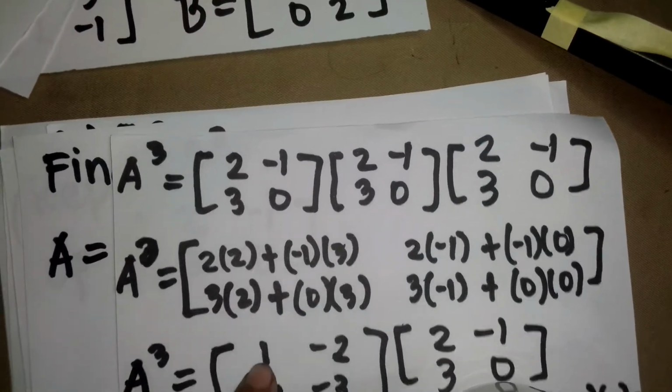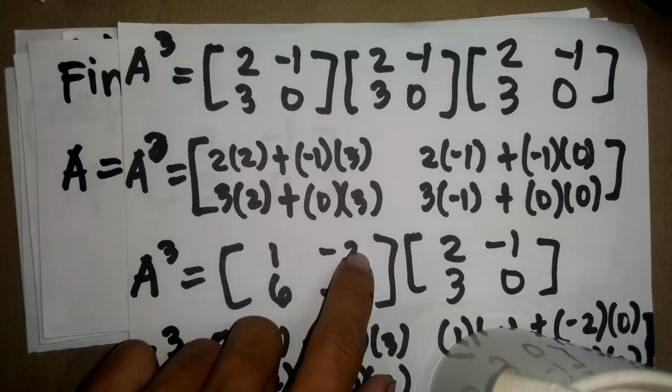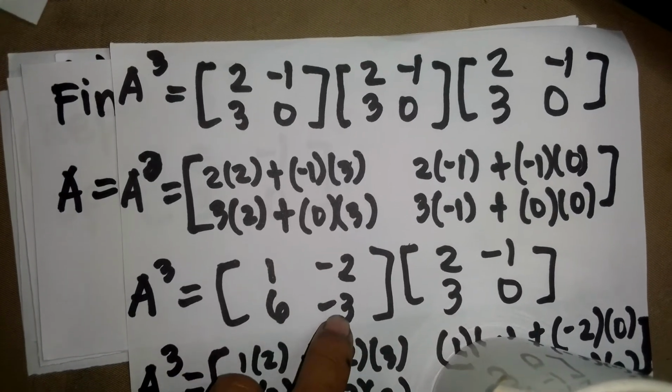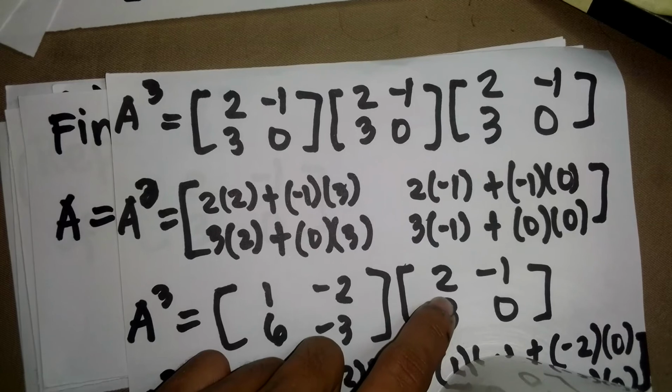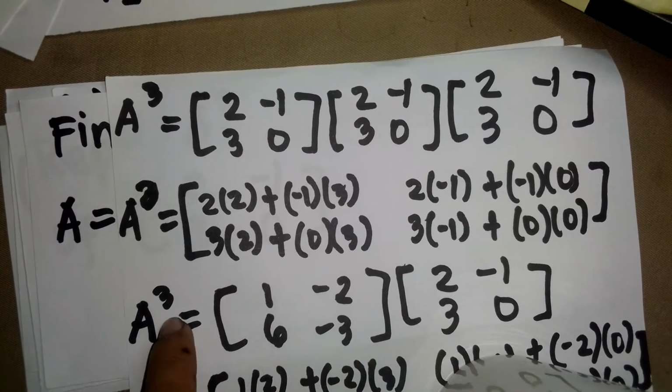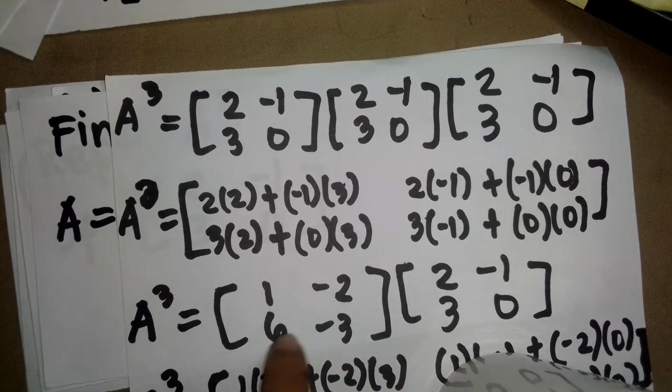For this A squared, we get a value of 1, negative 2, 6, negative 3.